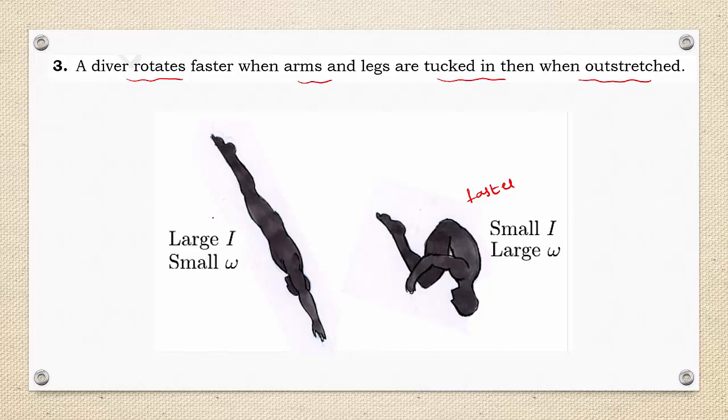But here he is going to stretch his body completely outward. So here moment of inertia increases, and so speed decreases. So he is diving slowly. So speed is faster for less moment of inertia, and very less for more moment of inertia. So these are some examples for angular momentum.